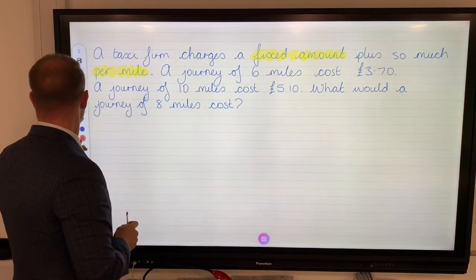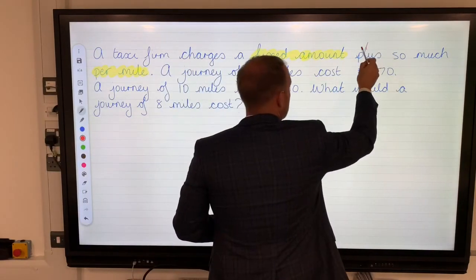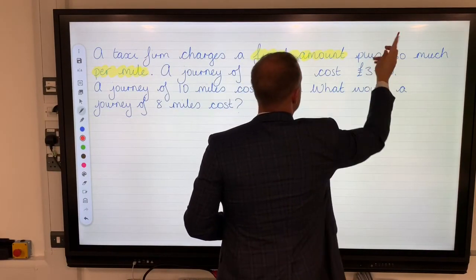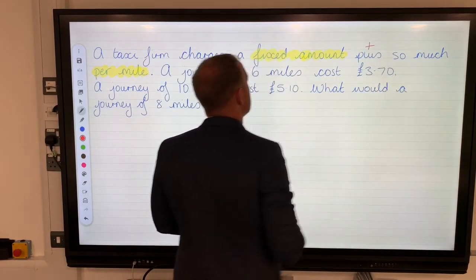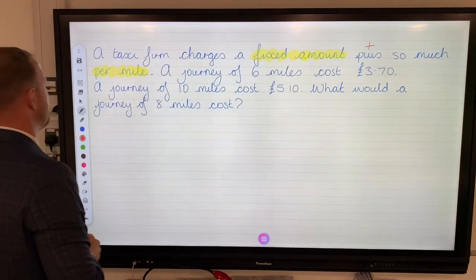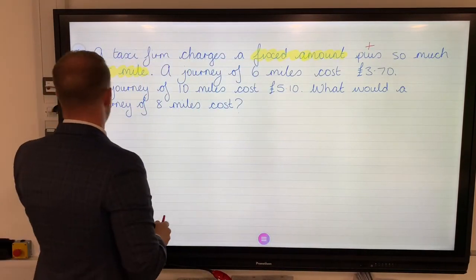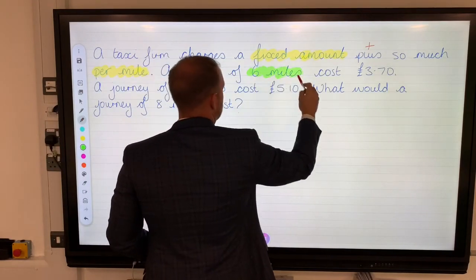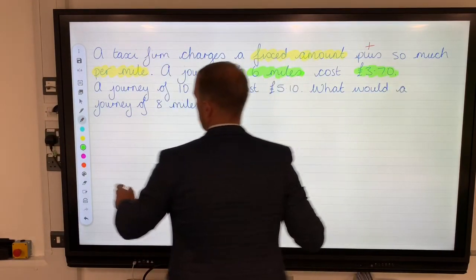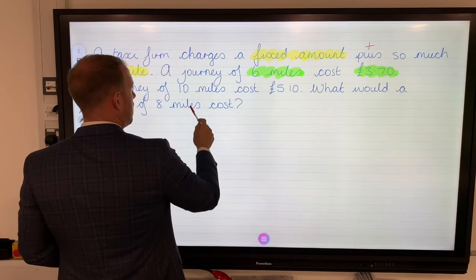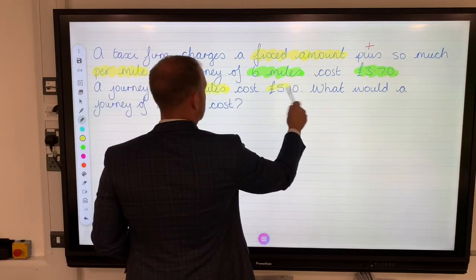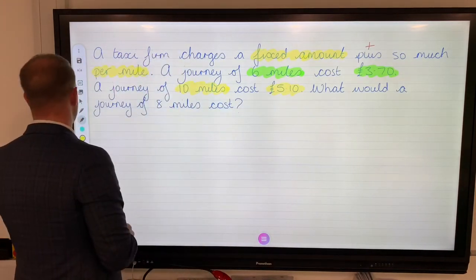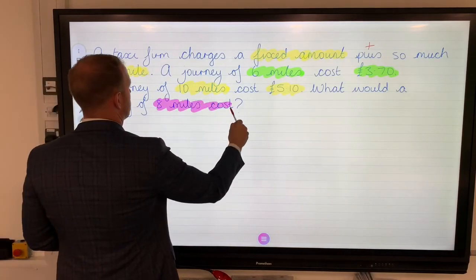That plus is obviously an addition sign. So we've got a fixed amount plus so much per mile. So a journey of 6 miles costs £3.70 and 10 miles costs £5.10. What would a journey of 8 miles cost?